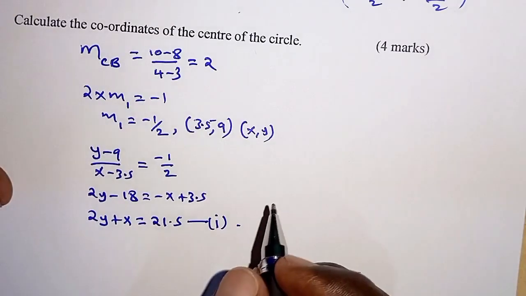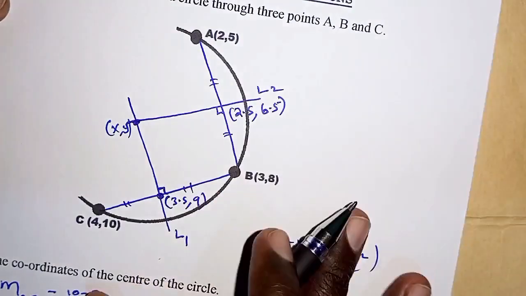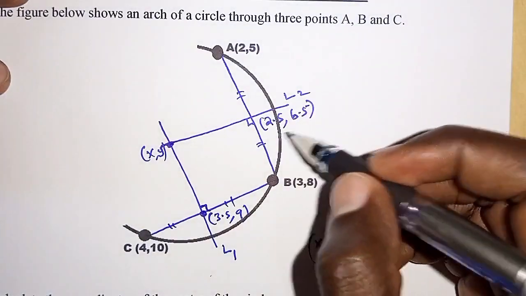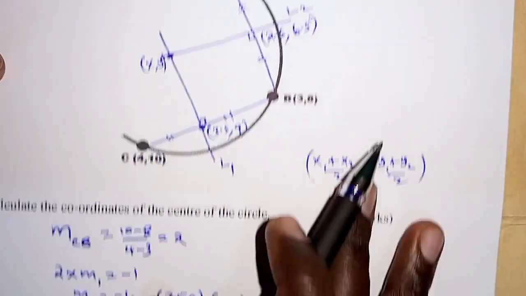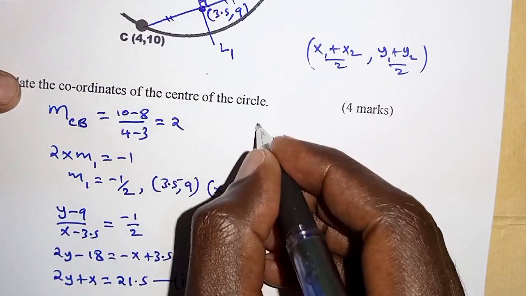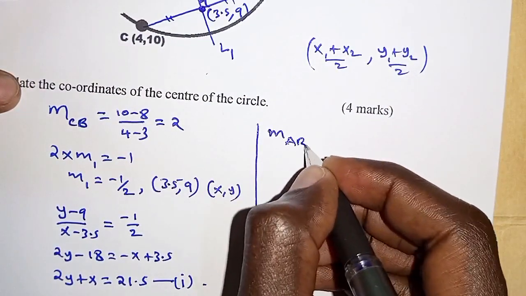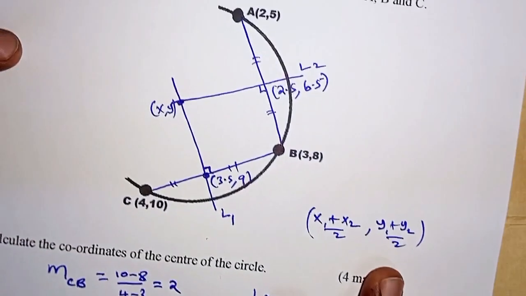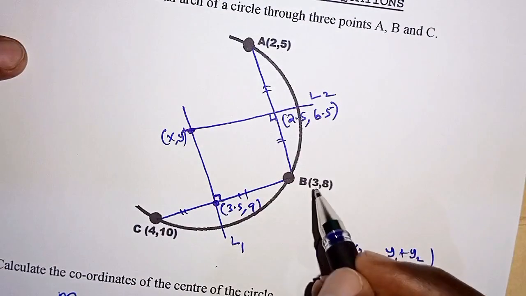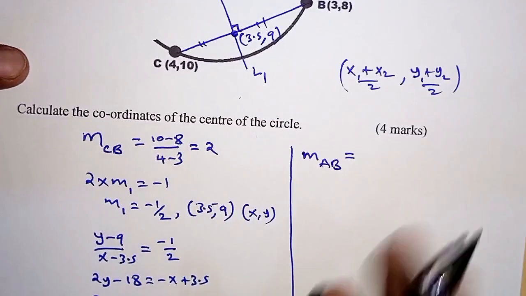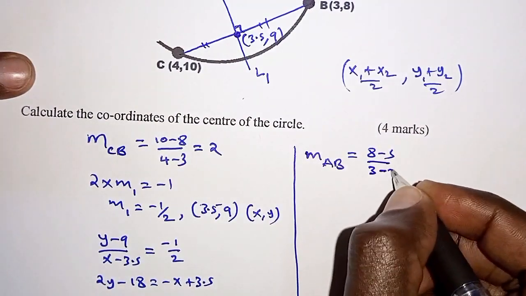Now our second equation will obtain from line 2. Following the same procedure, we first of all determine the gradient of line AB. So let's say gradient of AB is equal to change in y over change in x, 8 minus 5 over 3 minus 2.